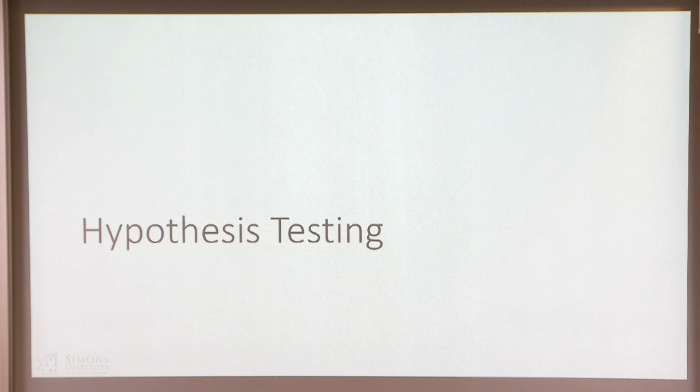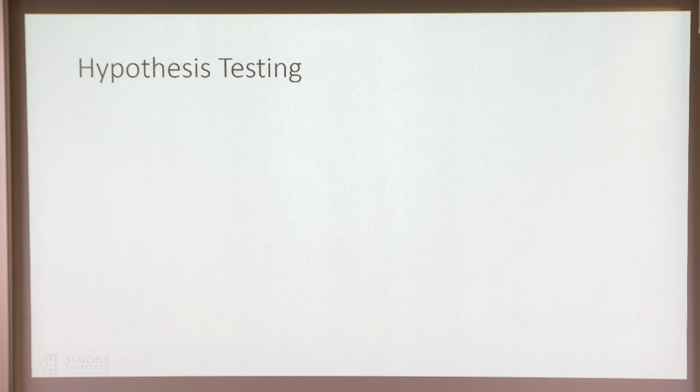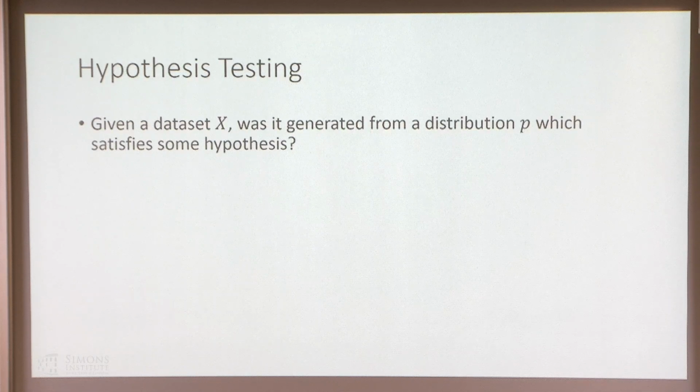Cool. So, hypothesis testing. At a high level, hypothesis testing asks, given some data set X, was it generated from some distribution P which satisfies some hypothesis? This is kind of self-referential, but essentially these are yes or no questions about the underlying distribution P which generated the data.